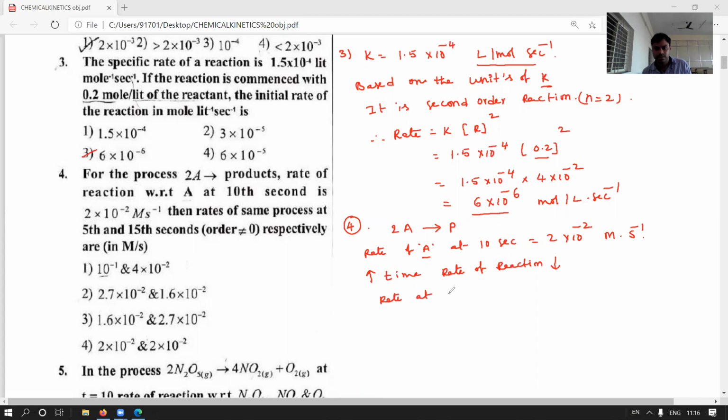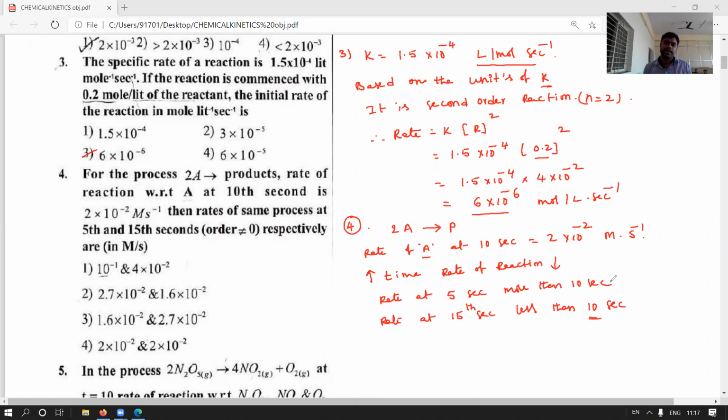at 5 seconds is more than at 10 seconds, and the rate at the 15th second is less than at 10 seconds. Okay, understand?